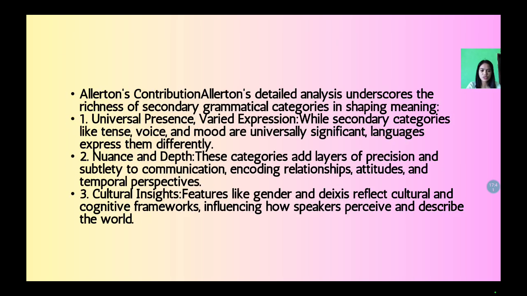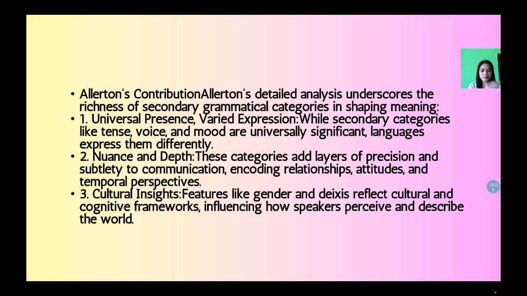Allerton's detailed analysis underscores the richness of secondary grammatical categories in shaping meaning. First, universal presence, varied expression. While secondary categories like tense, voice, and mode are universally significant, languages express them differently.